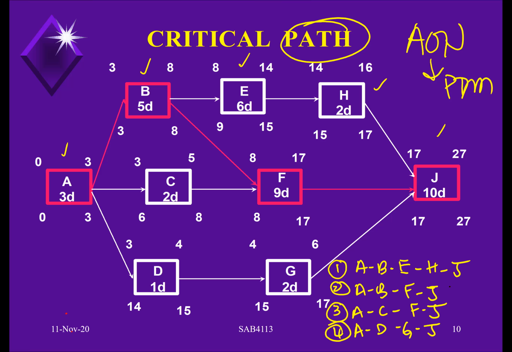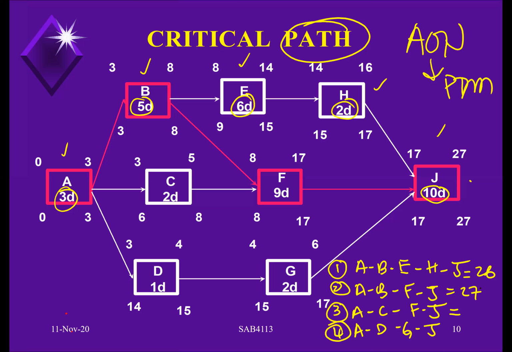To reach the end of the project, you must go through 4 paths. If you calculate how long each path will take, for instance A, B, E, H, J, you just simply add these: 8, 14, 16, plus 10, that will be 26. This one is 27.